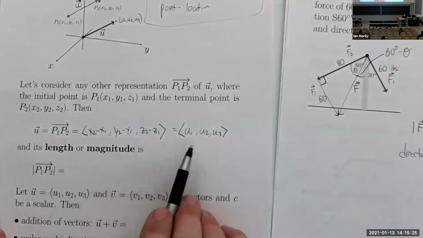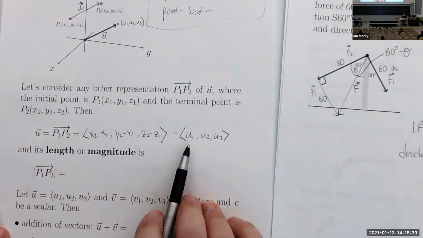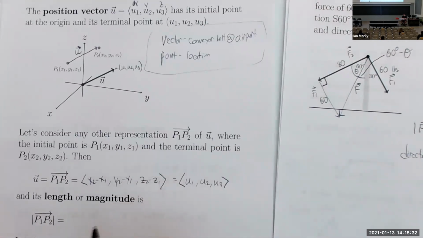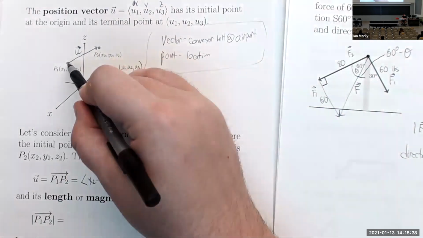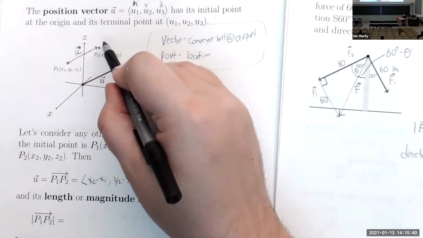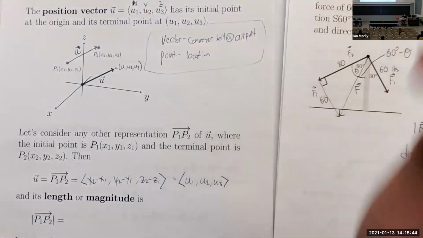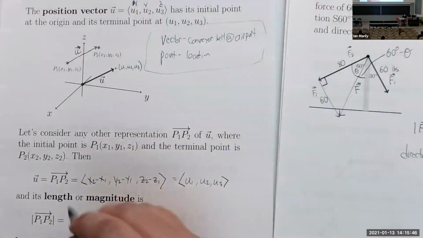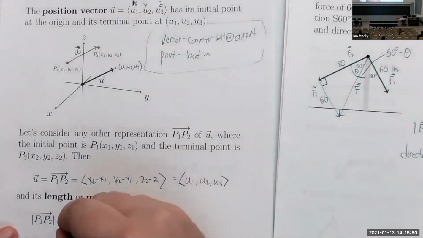Now let's say we want to express the length or the magnitude of our vector here. The length of this vector is actually just the distance from this point to this point right here. And last time we came up with a formula for that. So we're going to use the distance formula to get ourselves an equation for the size of a vector.